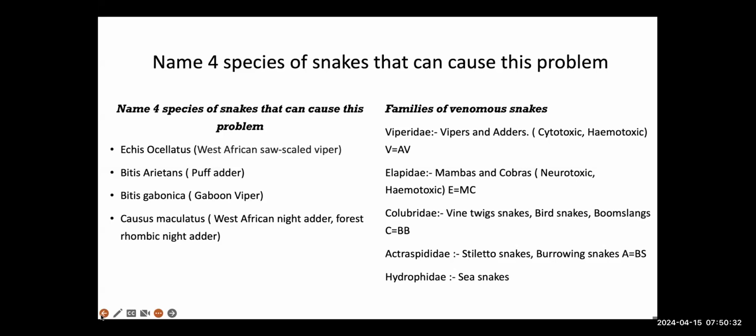The question said, thank you very much for the presentation. What are the classes of venomous snakes? An example of each class common in Nigeria. The example should be, if possible, species of snake in Nigeria from each class.